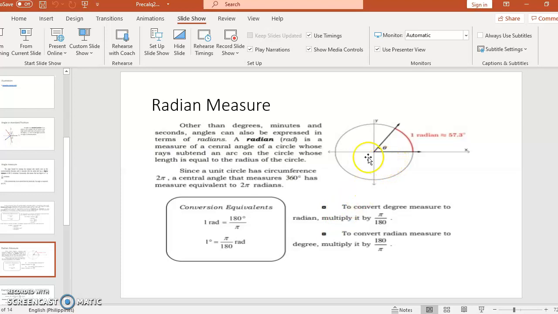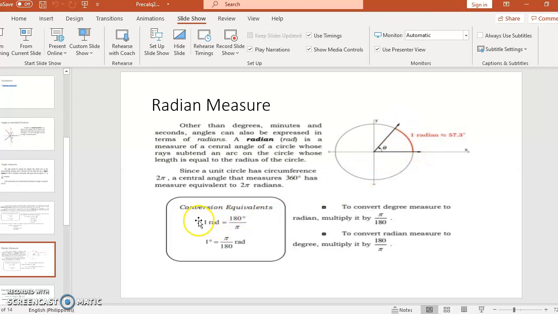Okay, so this one is radian measure. If the length of the arc, this one, is equal to the radius of the circle, and usually if we consider it as a unit circle, its radius is 1 unit. So if this is 1 unit, and this one is also 1, that's 1 radian.